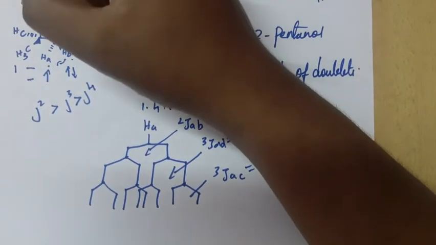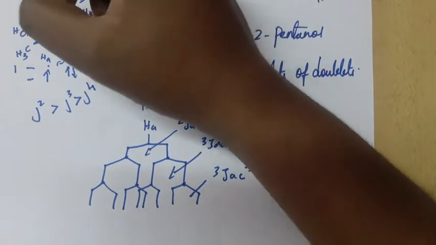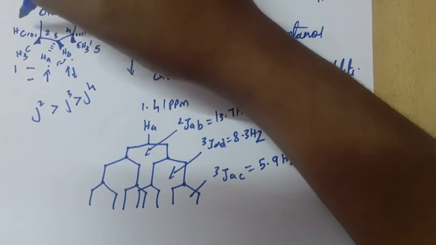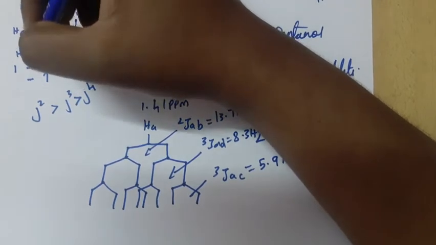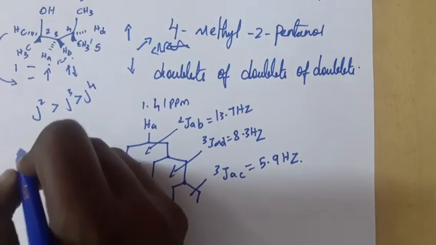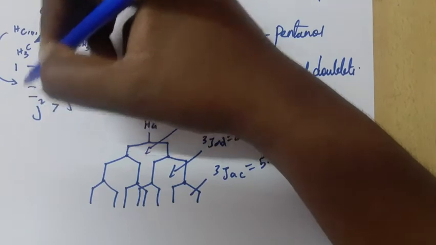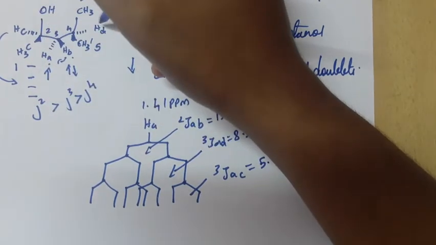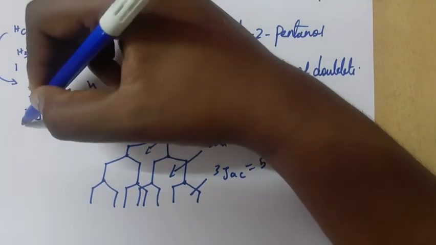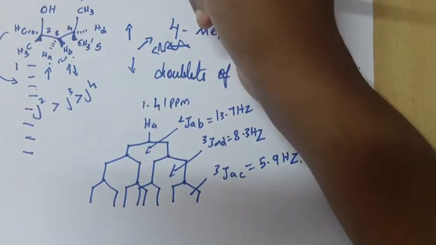Oh, wait a minute, I made some mistake here. It's HC. Okay, this is the HC proton. So these 2 levels are affected by this nucleus and become 4 levels, and this proton HD is going to affect this and make the 4 levels into an 8 level system.